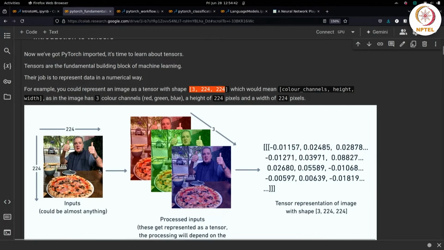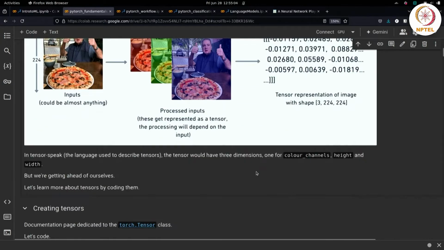So you can take an image as input and represent it as a tensor. It doesn't matter what the modality is, everything has to be represented as a tensor, whether it be image, text, or video. You have to figure out some way to convert that modality into some vector or tensor representation of it.